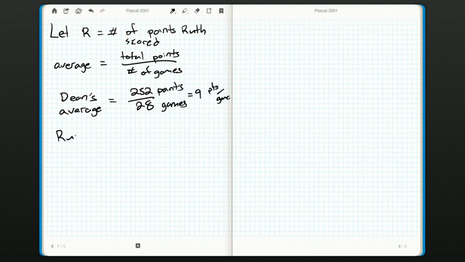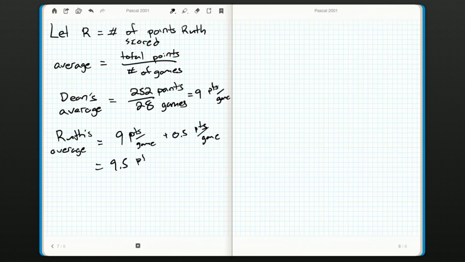So Ruth's average is Dean's plus 0.5 points per game. So 9 points per game plus 0.5 points per game, 9.5 points per game is her average.